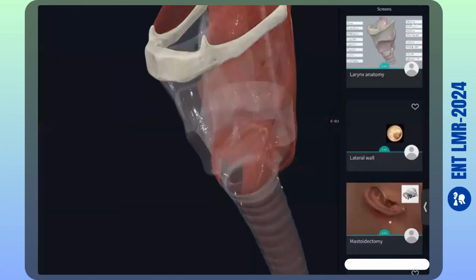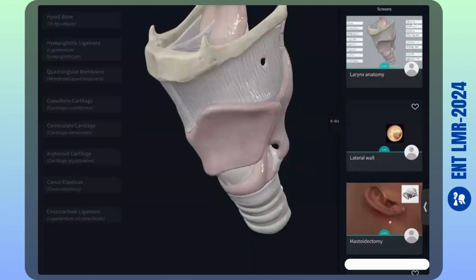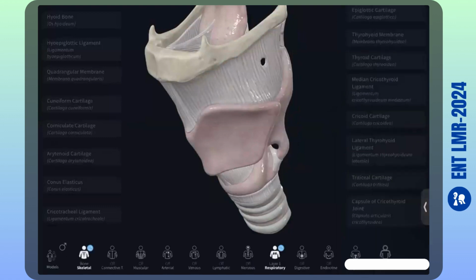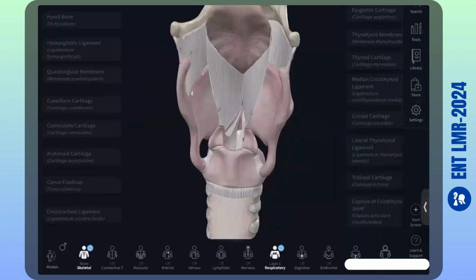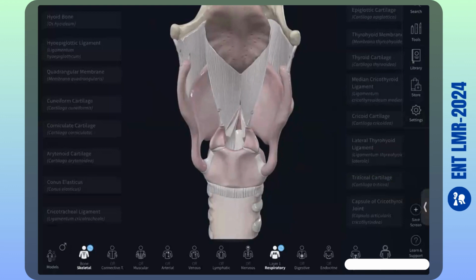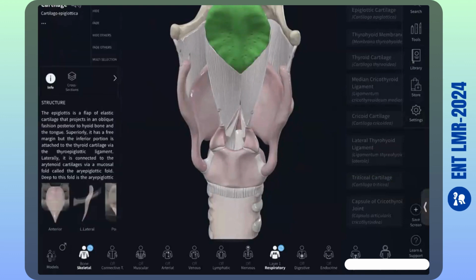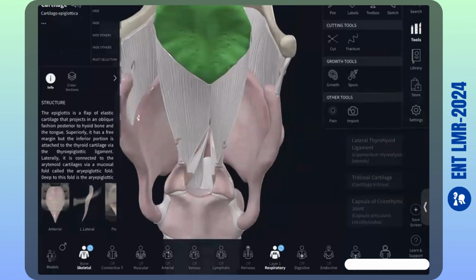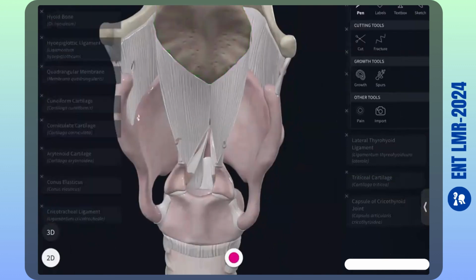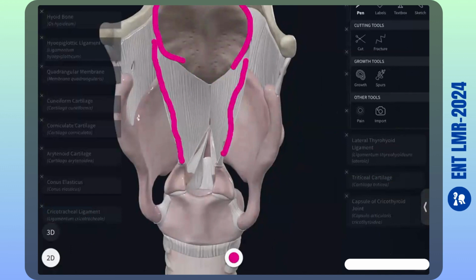So what is the laryngeal inlet? You look into this 3-dimensional picture. So this is an epiglottis cartilage. Okay, this will close the airway like this. Now in this epiglottis cartilage, this is the free surface of epiglottis. This is the aryepiglottic fold. This is the interarytenoid area.